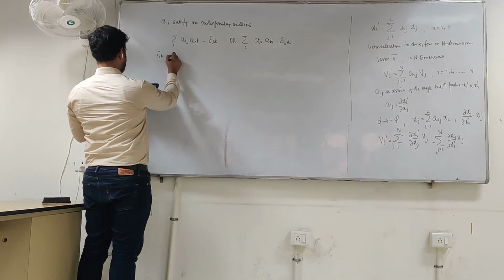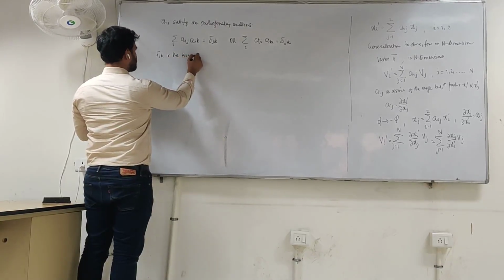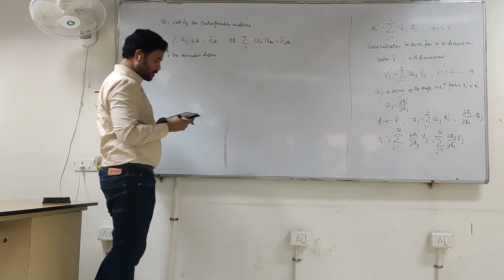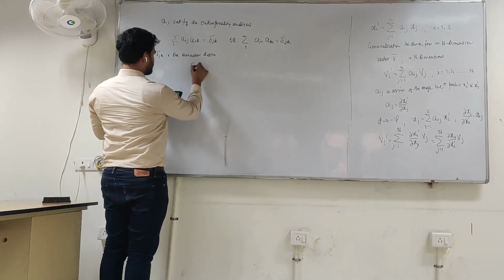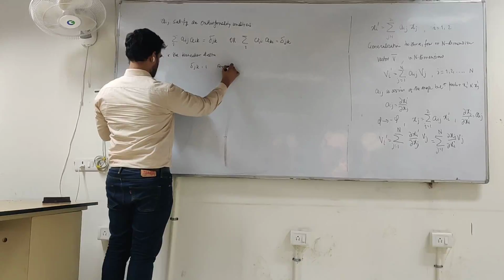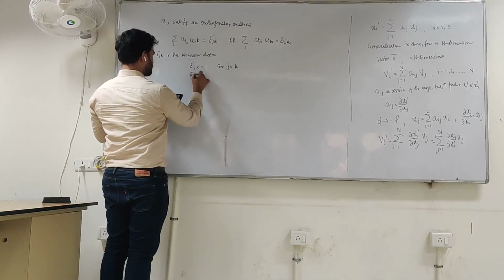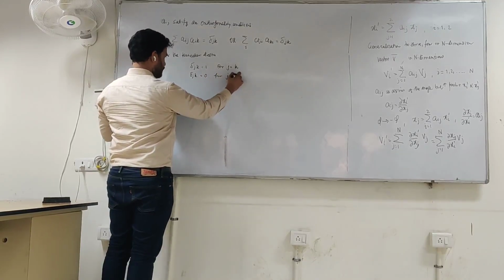How do you define the Kronecker delta? Delta jk is equal to 1 for j equal to k, and delta jk is equal to 0 for j not equal to k.